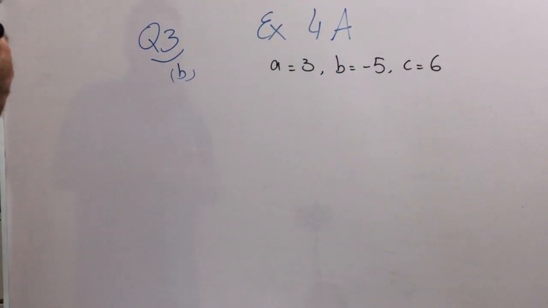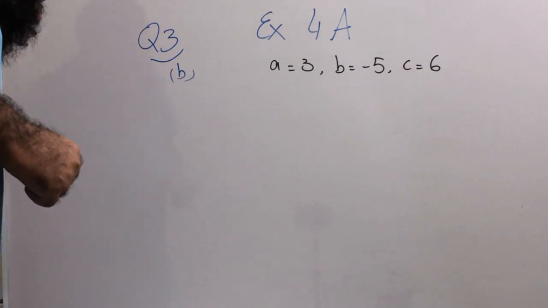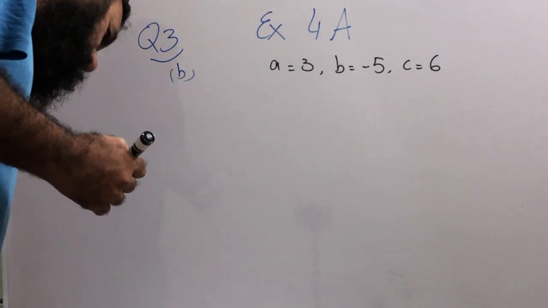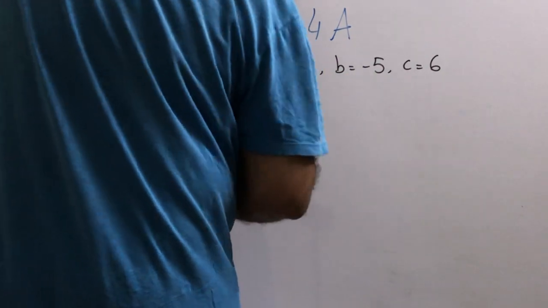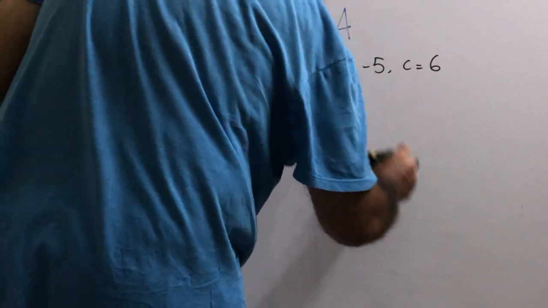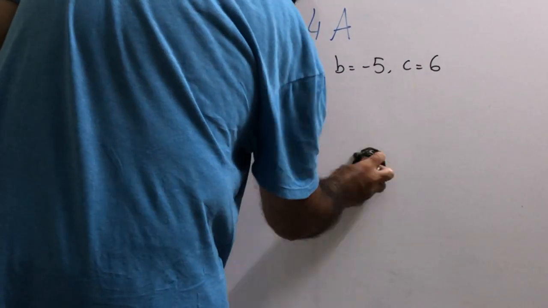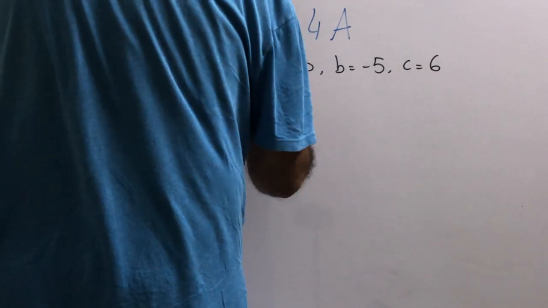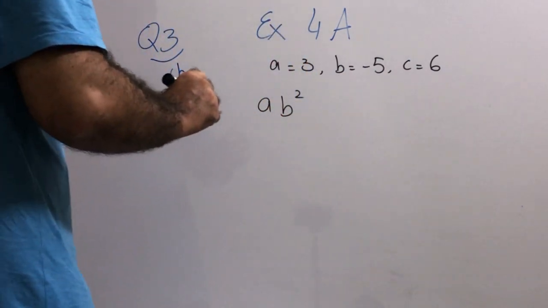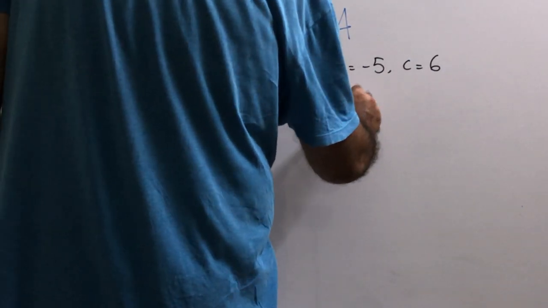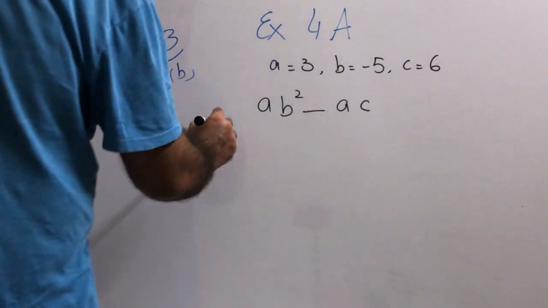Now part B is ab square minus ac. ab square minus ac. This is the expression.